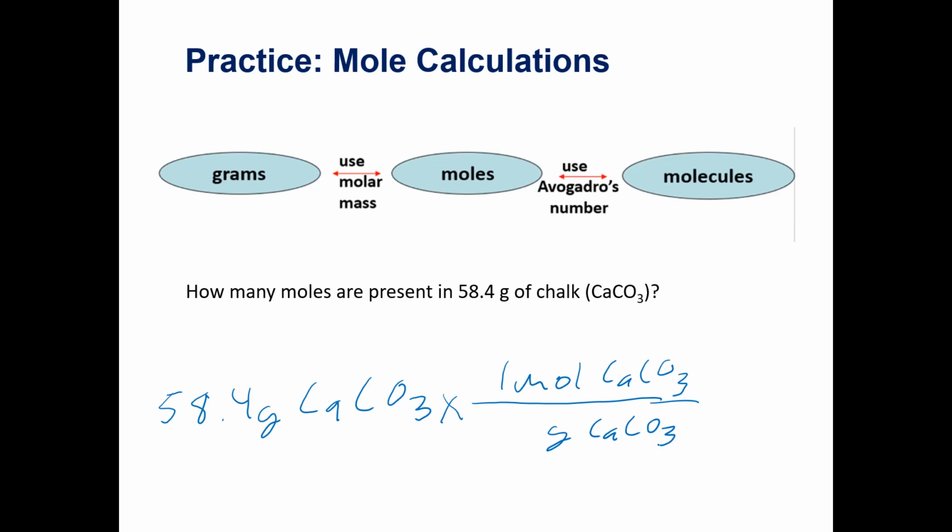So you should come up with 100.09 grams of calcium carbonate per mole. So then we're going to take 58.4 divided by 100.09, and you should get 0.583 grams of calcium carbonate.